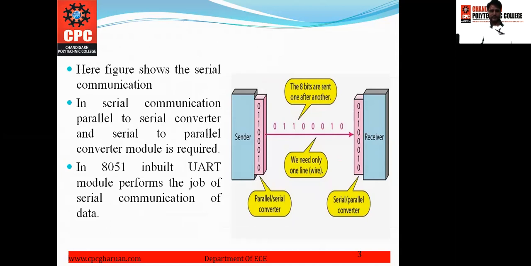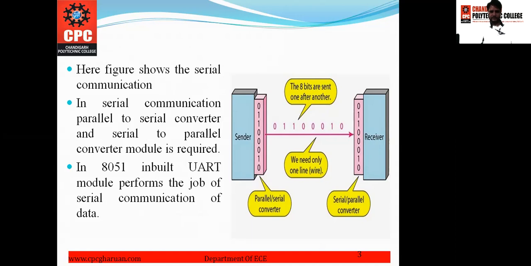Here the figure shows the serial communication. In serial communication, a parallel to serial converter and a serial to parallel converter module are required. We need a parallel to serial converter at the transmitter end and its opposite, the serial to parallel converter, at the receiver end.